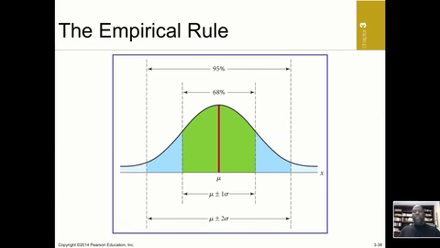All right? So this is the diagram that illustrates what we're talking about. Here's the mean. This is a symmetrical distribution. So if we add and subtract one standard deviation, we have 68%. Two standard deviations, 95%. And then three standard deviations, almost everything.